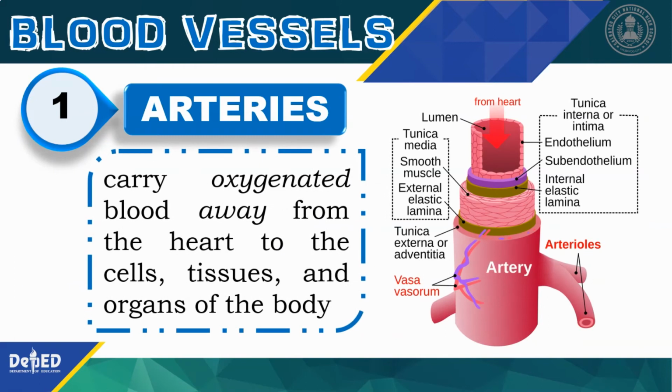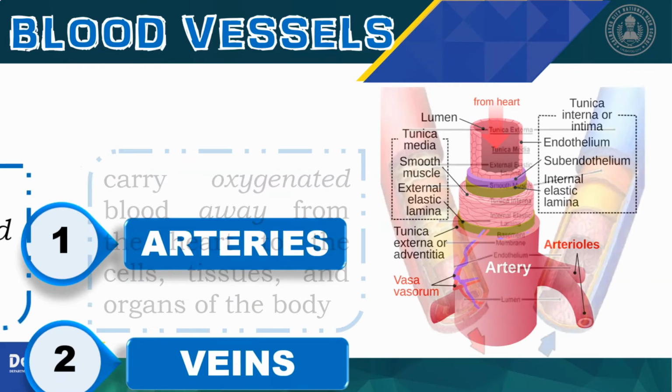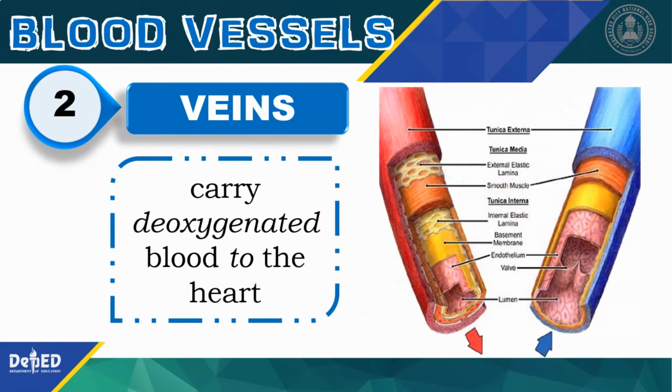Arteries carry oxygenated blood away from the heart to the cells, tissues, and organs of the body. On the other hand, veins carry deoxygenated blood from the different parts of the body towards the heart.